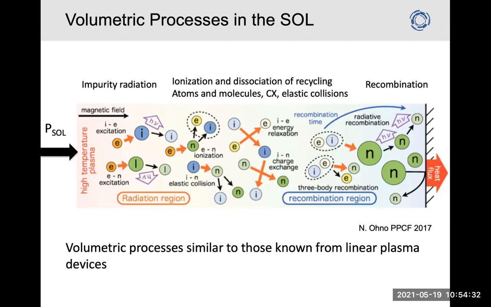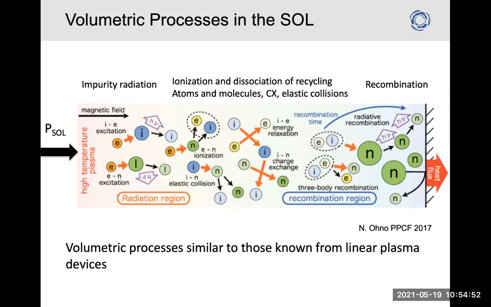And this is what the research often is about, to identify for this device, for these experimental conditions, is this a relevant process or not? Or if I do an experiment, am I doing an experiment that is relevant for a machine like ITER or DEMO? Can I approach the relevance?